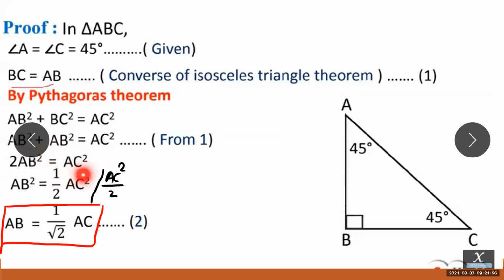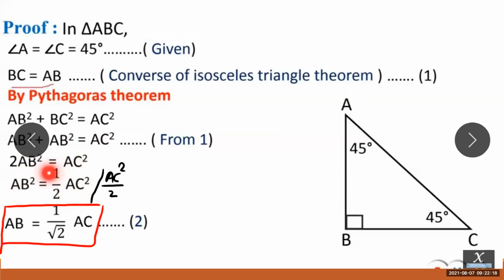Okay. Now to find the value of AB, what I will do here is remove this 2, because to prove it I only need AB. So I will take this 2 to the right side.